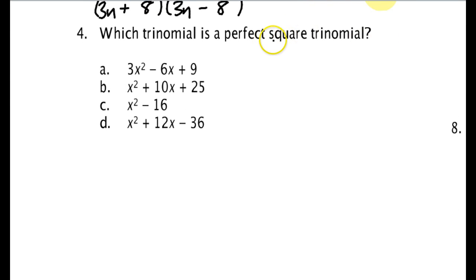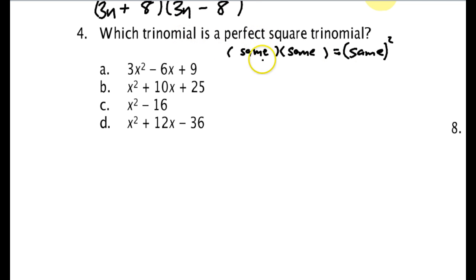Which one is a perfect square trinomial? So perfect square trinomial, what does that mean? Those are the ones where these two are the same. And we can write it as that one binomial squared, because anything times itself is just that thing squared.